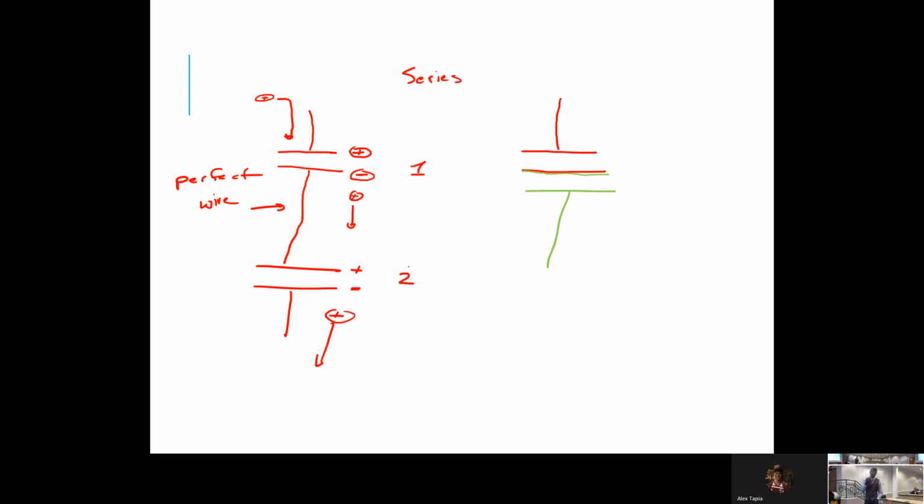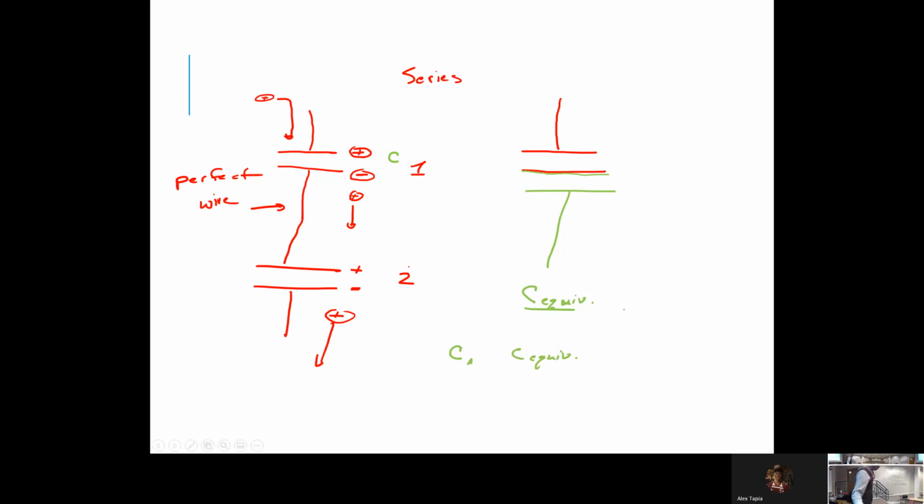Actually, maybe I'll do it this way. So compared to capacitor 1. Sometimes this is called the equivalent capacitance. Okay, well, I can't spell equivalent over my shoulder. So the question is, how does C1 compare to the equivalent capacitance?